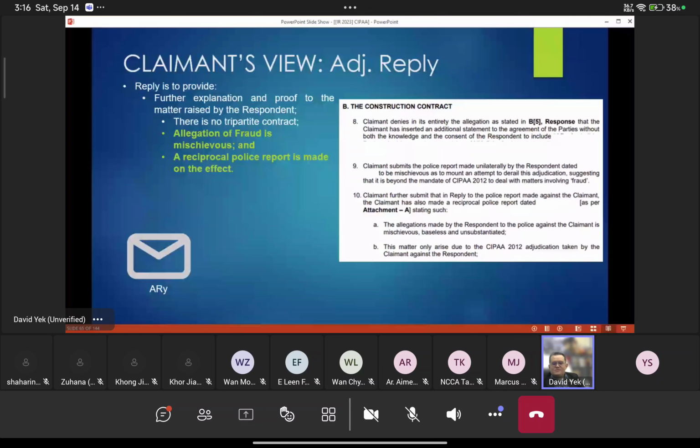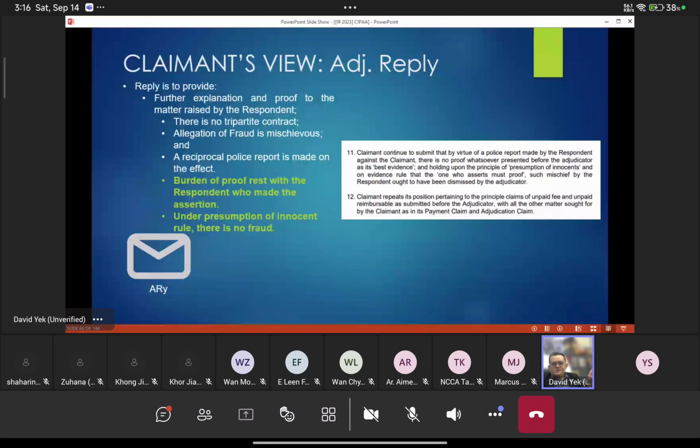So these are all mischievous, these are all tactics. You have to inform the adjudicator about this. And of course, if they say we are now in a criminal matter, you have to ask where is their burden of proof.